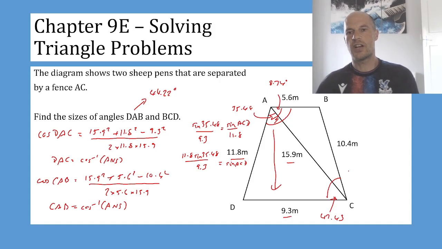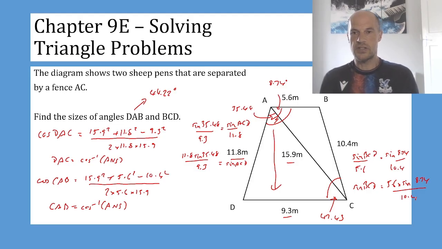Okay, I'm going to use the sine rule again. So I'm going to say that the sine of BCD over the side opposite it, 5.6, is the same as the sine of 8.74 divided by 10.4. Therefore, the sine of BCD is going to be 5.6 times the sine of 8.74 all over 10.4.